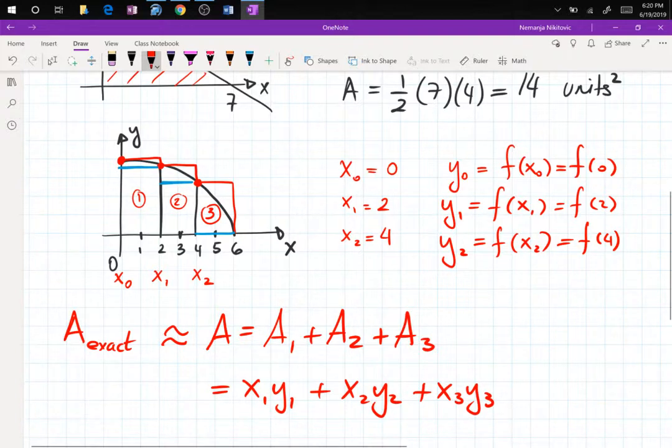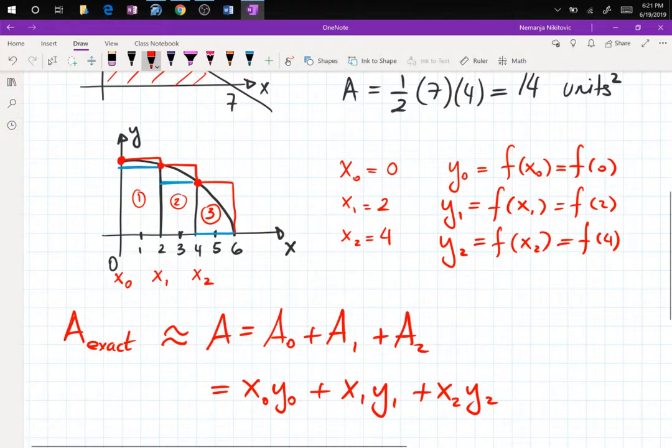Oh, I used 0. Now I gotta fix that: 0, 1, and 2. x0, y0, x1, y1, x2, y2. Fixed all of that. I have 3 rectangles, 3 areas, 3 terms in calculation, and we are going to get some kind of a number.